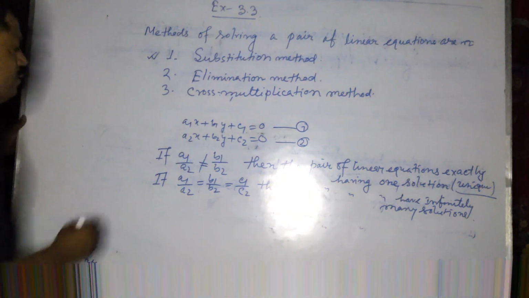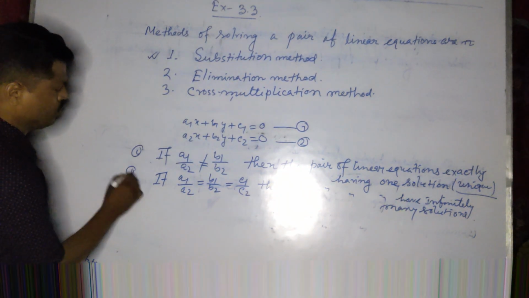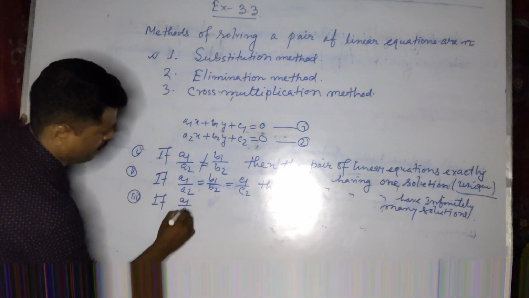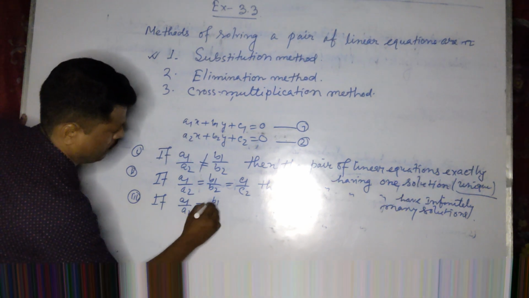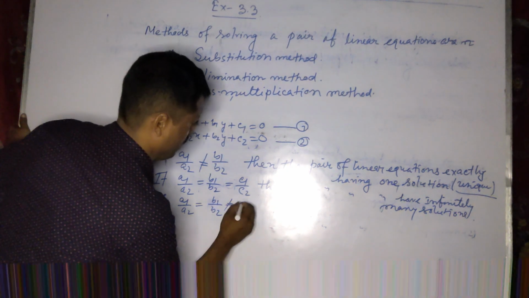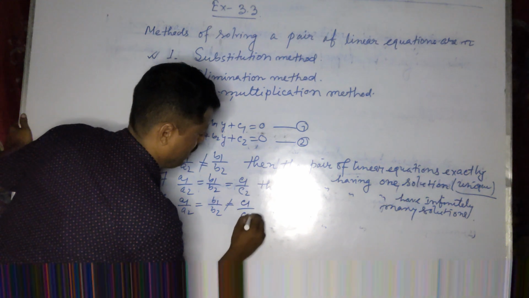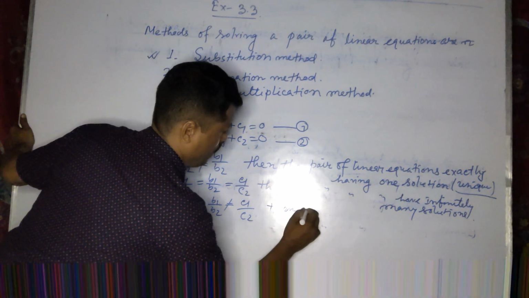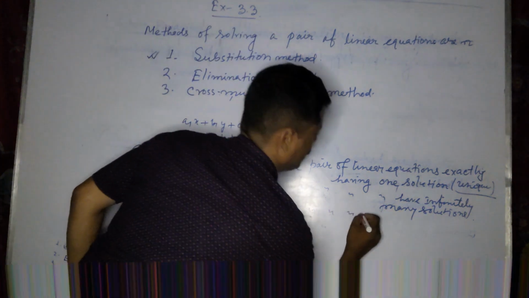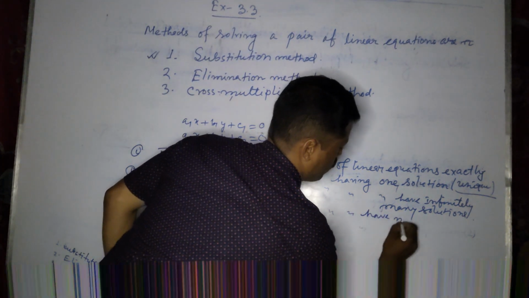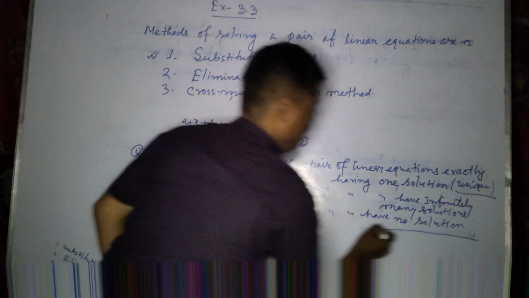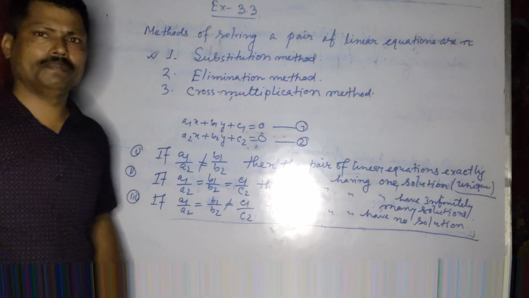And another condition: if a1 by a2 is equal to b1 by b2 but not equal to c1 by c2, then the pair of linear equations has no solution. These three conditions we should remember.